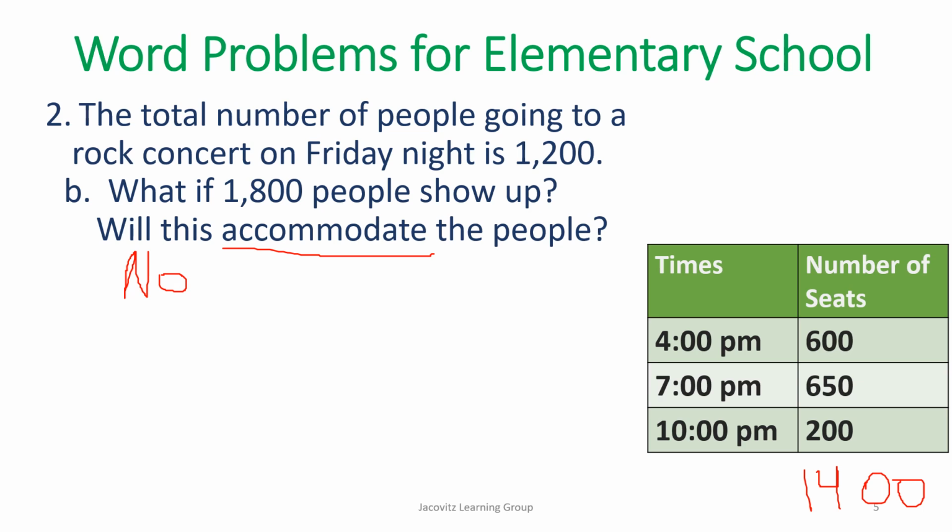Now, another question that may come from this may be, what will they have to do to accommodate 1,800 people? So that would mean they'd have to get rid of about 400 people.